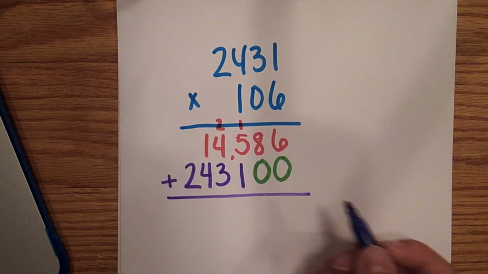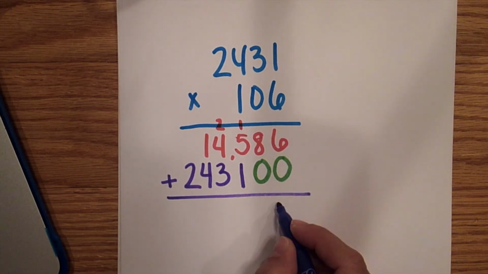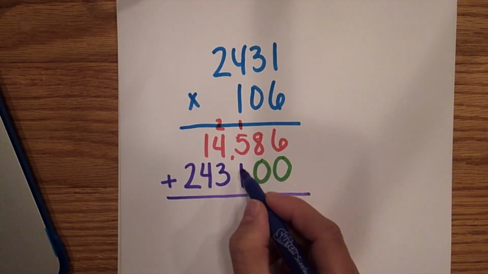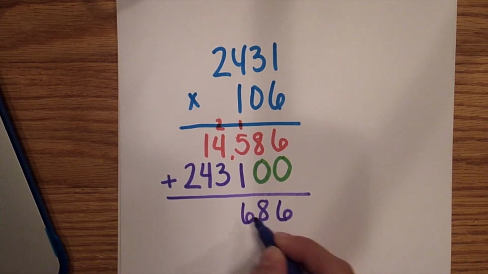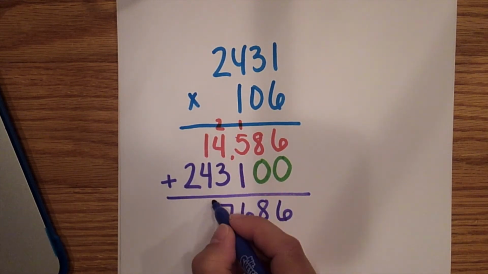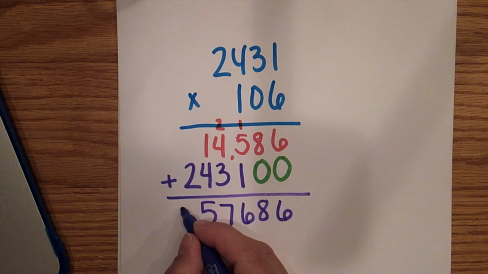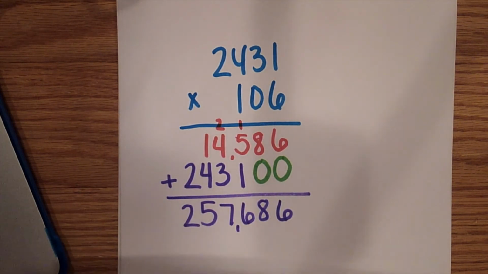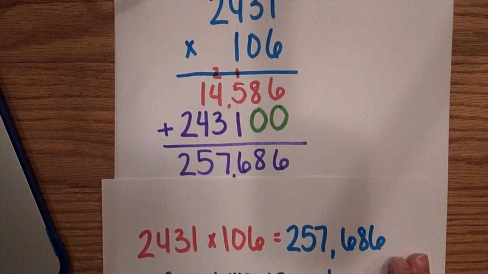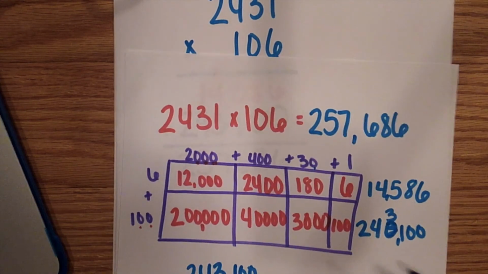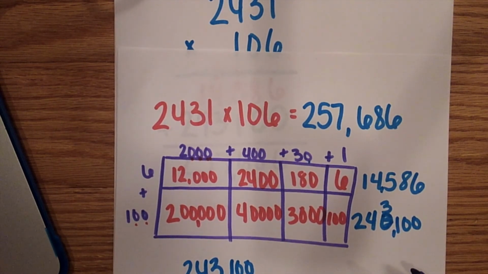And then we're going to add this together. 6 plus 0 is 6, 8 plus 0 is 8, 5 plus 1 is 6, 4 plus 3 is 7, 1 plus 4 is 5, and 2 plus 0 is 2. And if I bring this back, I can see I got the same number. So doing either the standard algorithm or the area model works.